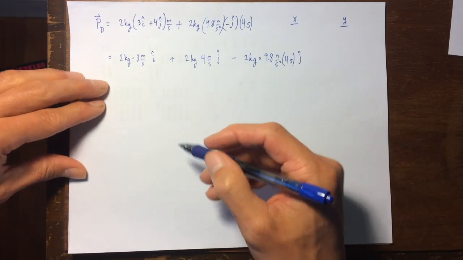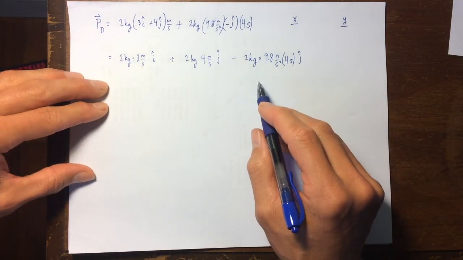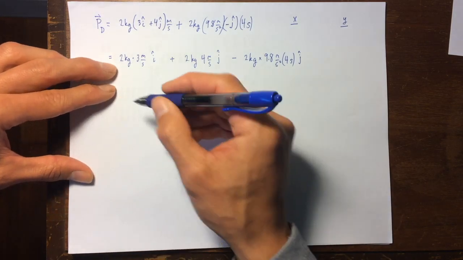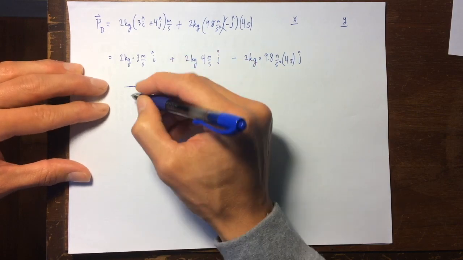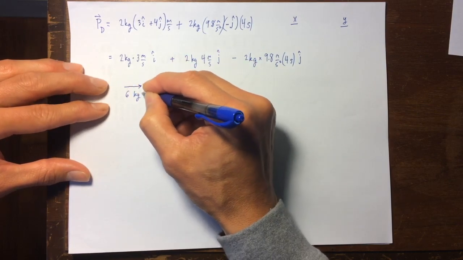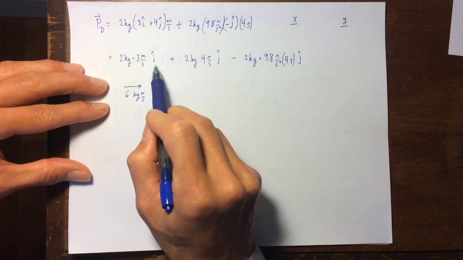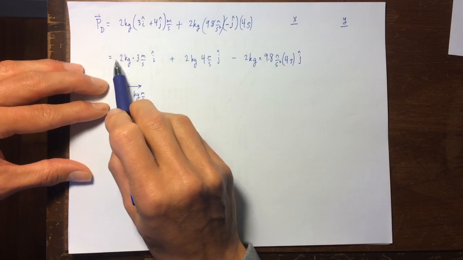So if you look at this really carefully, this is a vector that is 6 kilogram meters per second towards the right, right? There's an implied plus sign there.